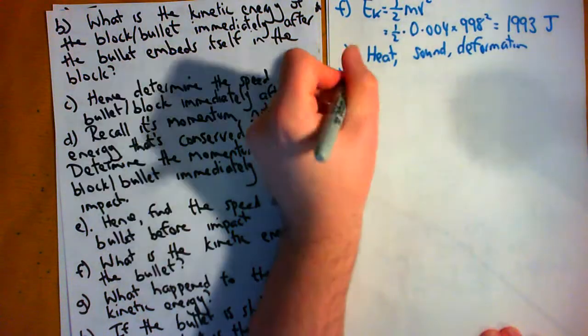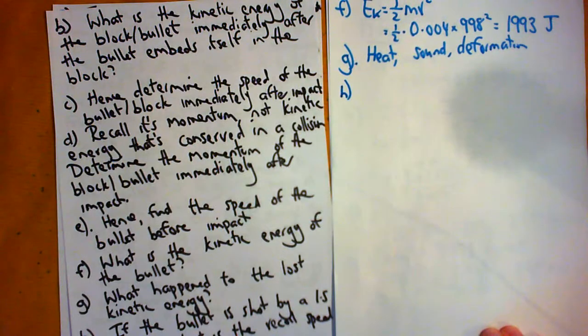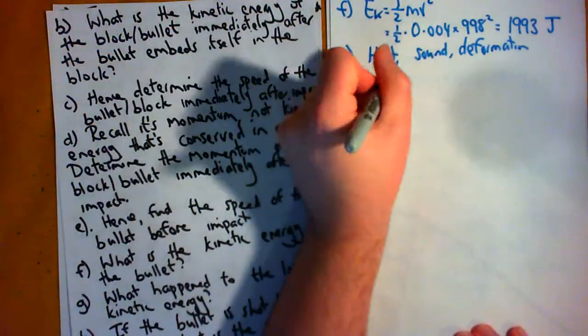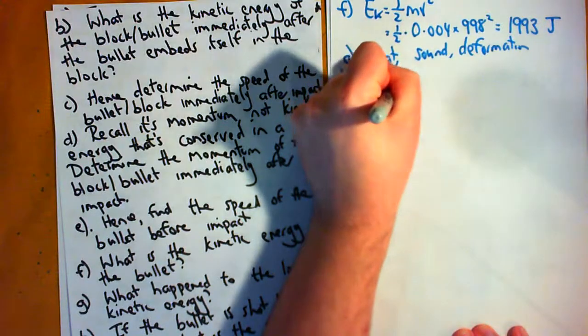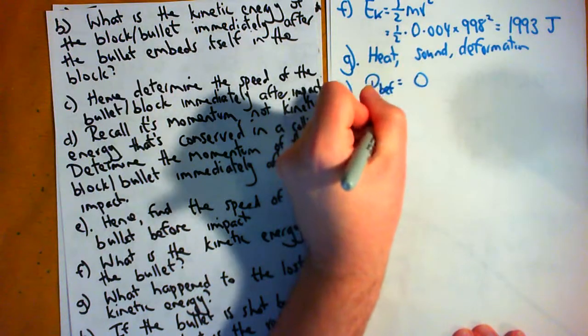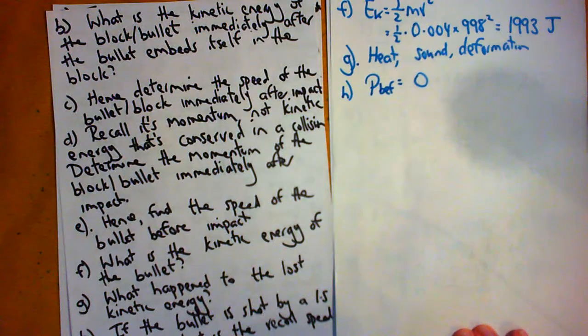Okay, and part H. If the bullet is shot by a 1.5 kilogram gun, what is the recoil speed of the gun? So before the bullet gets fired by the gun, there is nothing moving. So the total momentum would be 0 because the momentum before would be 0. Now, what about the total momentum after?